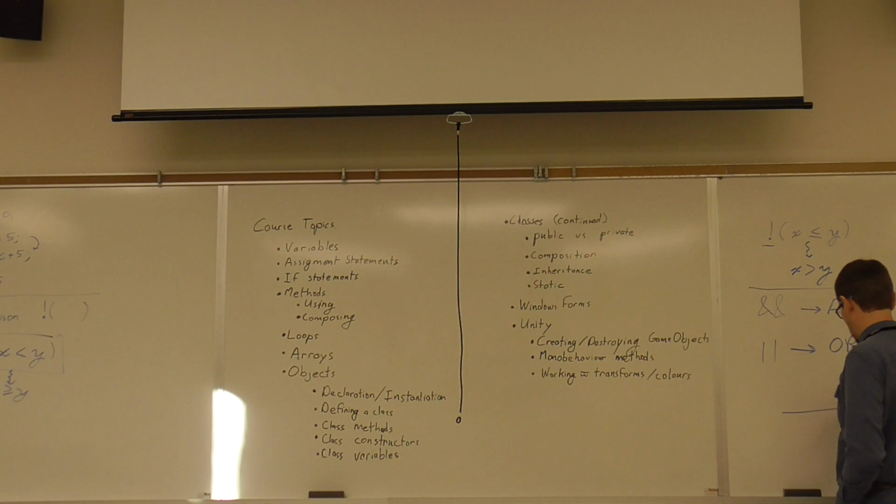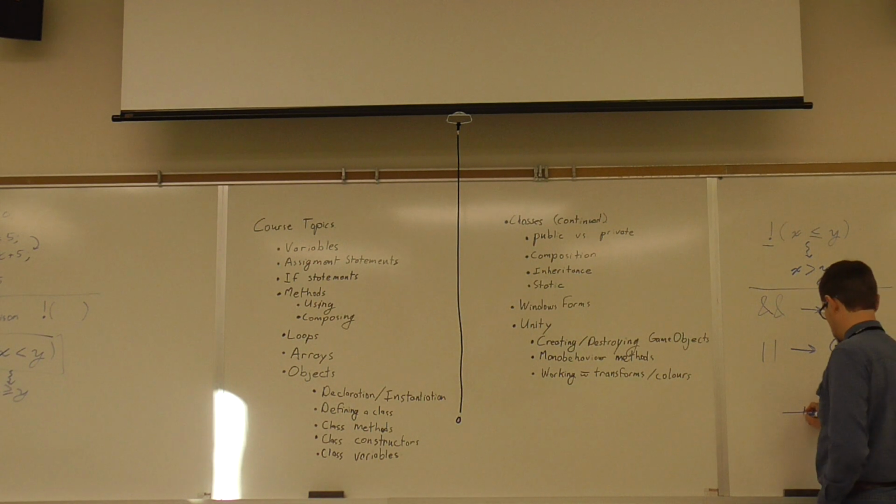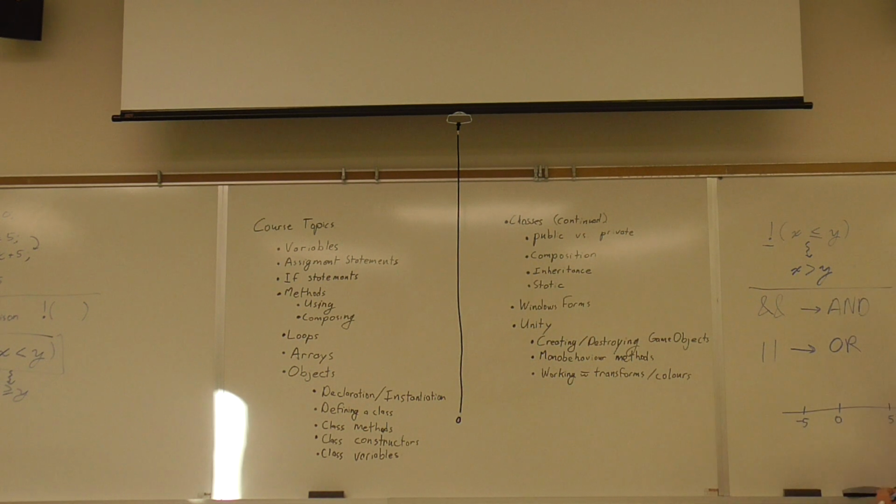So we have 0, we have 5, we have 10, 15, -5, etc. This condition wants to test to see if the number that we're testing, x, lies within this red range.